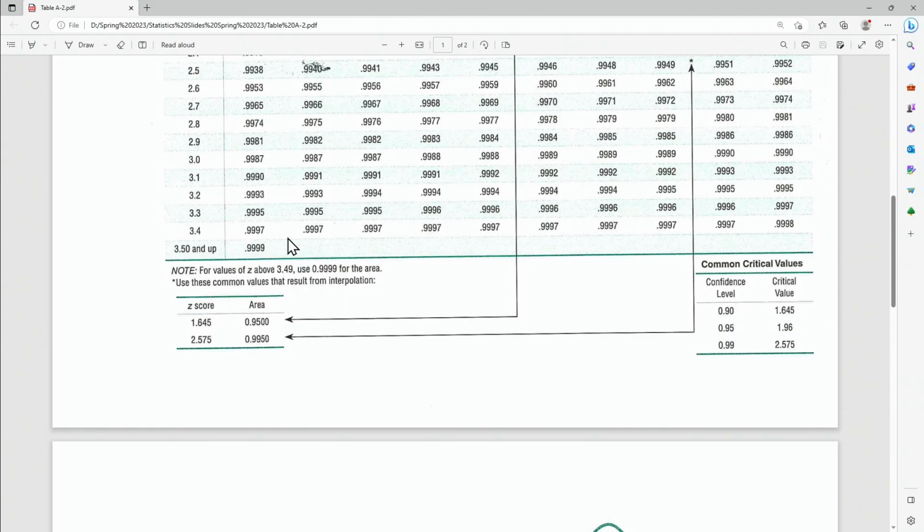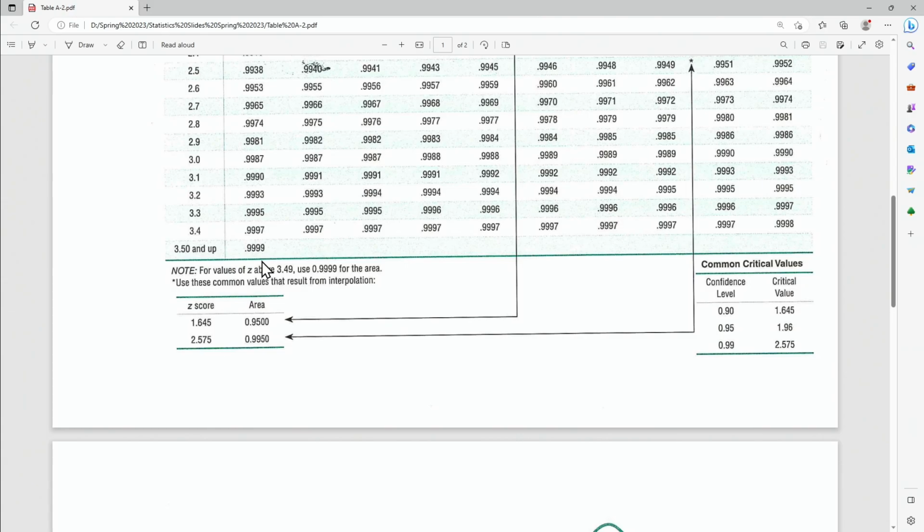So that's part of the reason why the book can get away with rounding in the middle like that. So even though their z-score is less accurate than the one that we got, we're still going to be using 0.9999 as our area from table A2.